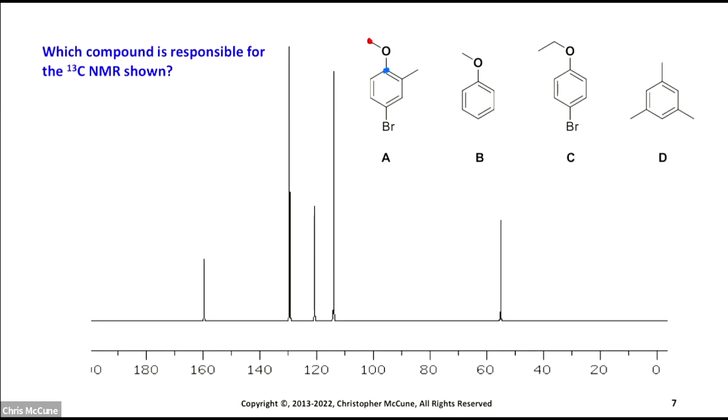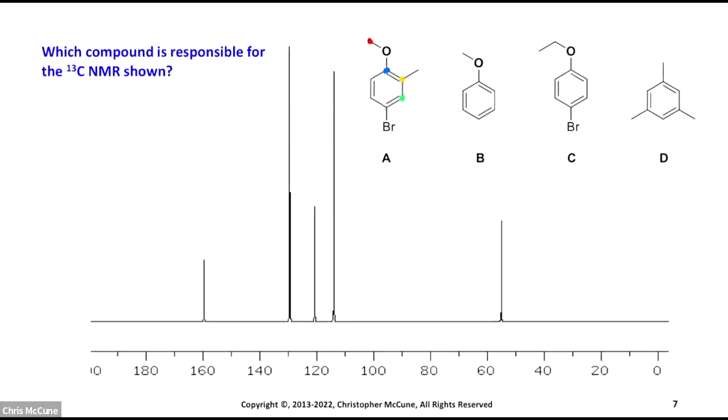I've got another carbon here. Another one here. I'm needing more colors here because I'm running out of room, but we've got no symmetry present. And so there's going to be just a single peak for all of these.